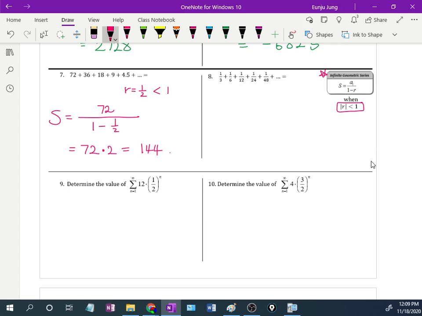Do you really think that when you add all this up, the series is converging to the number 144? What do you think? The tail gets smaller and smaller, so it may be bounded by a number, and this number is the limit of that bounded number. So that is the idea, okay?